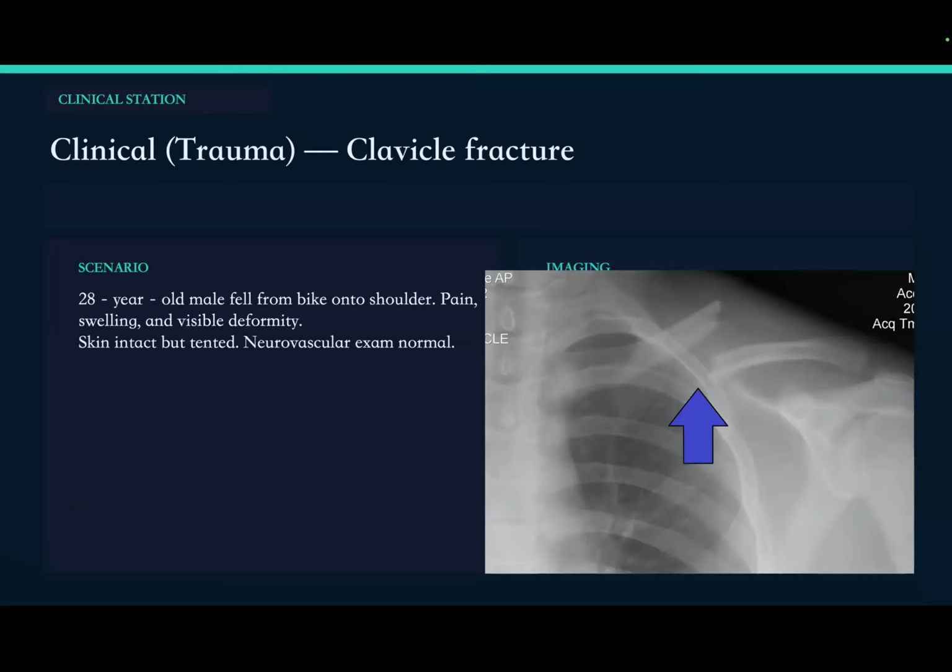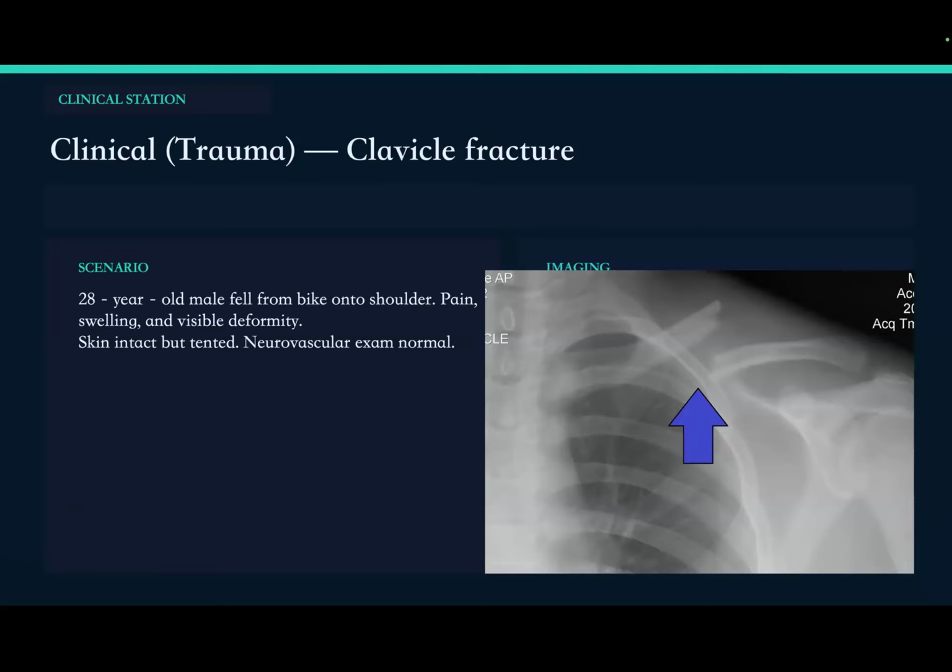Yeah, so it's a 28 year old gentleman with a high velocity injury. I would like to assess this patient and manage him according to... Can you describe the X-ray first? Yeah, so X-ray first.